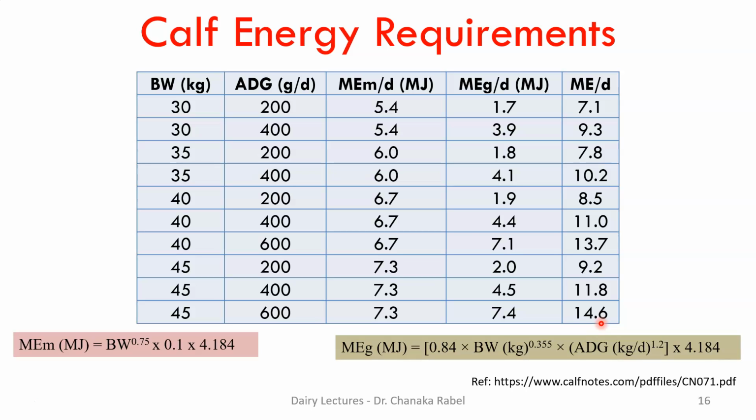And then of course you are going to get energy from milk, right? Let's say this animal was born at 30 kilograms and is now 45 kilograms. So it drinks 3 liters of milk a day, right?